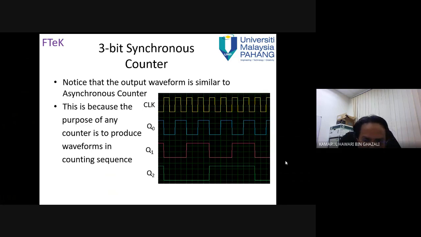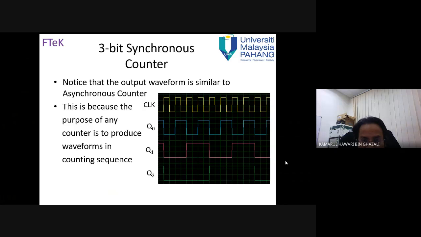Notice that the output waveform is similar to the asynchronous counter. This is because the purpose of any counter is to produce a waveform in counting sequence. The waveform is the same because it is counting, right? The only difference is the configuration of the circuit, the connection to the clock, that is different.